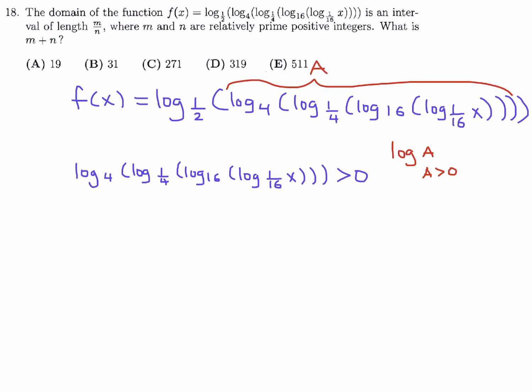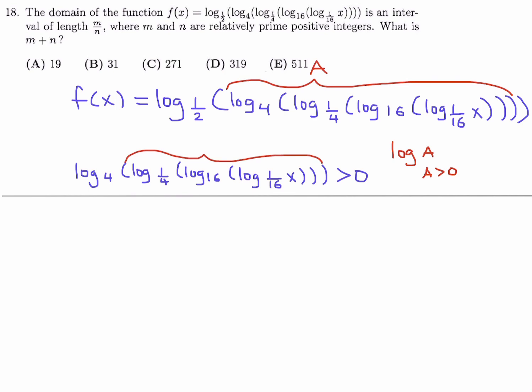Now we get to the next part. In a very similar way, I am going to call just this part of the equation b. So now we have the log of b to the base 4. And according to what we have concluded, that's got to be greater than 0, right?